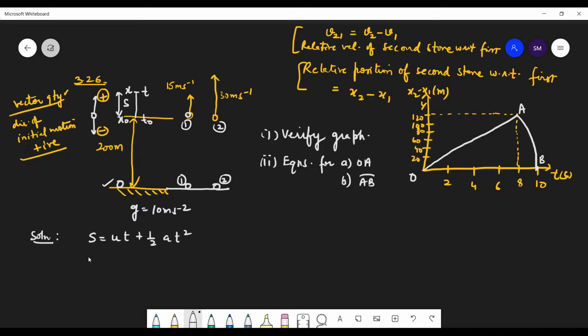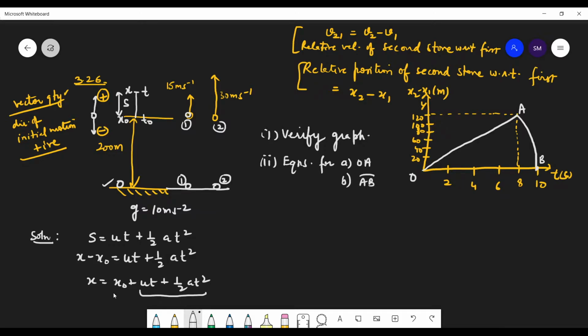Now, this position can be rewritten as, this displacement is final position, which is your x, and initial position was x naught. So x minus x naught is equal to ut plus half at square. And that can again be written as x equals x naught plus ut plus half at square.